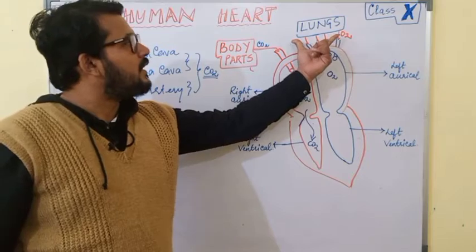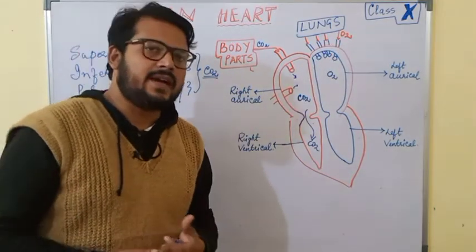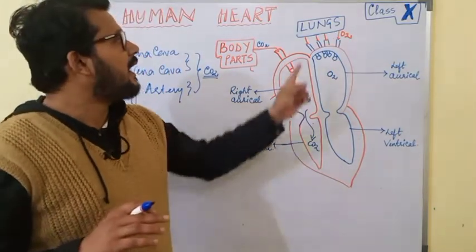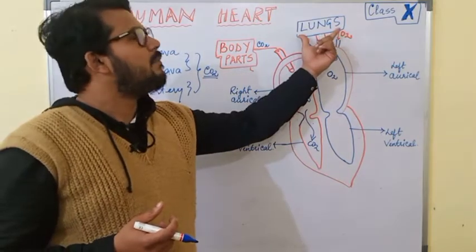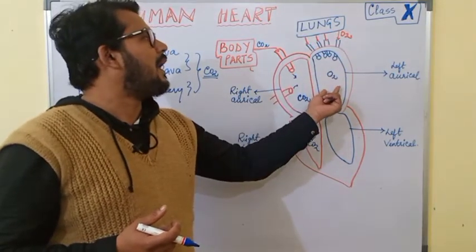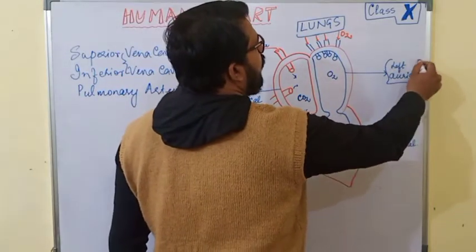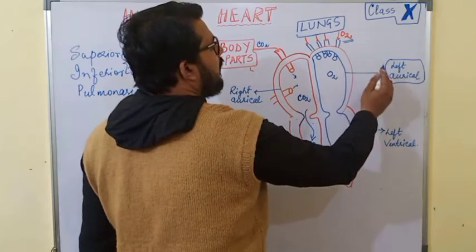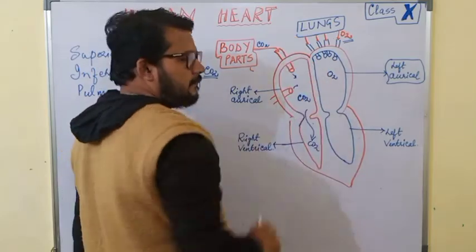Once the deoxygenated blood reaches the lungs, our blood gets purified and the carbon dioxide is given out after breathing and the blood becomes oxygenated. Then the oxygenated blood is sent back to the heart. The chamber of the heart that is going to accumulate the oxygenated blood from the lungs is the left auricle. It is going to accumulate oxygenated blood from the lungs, right?